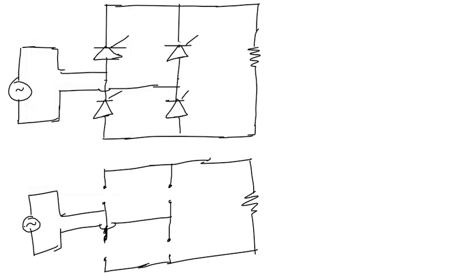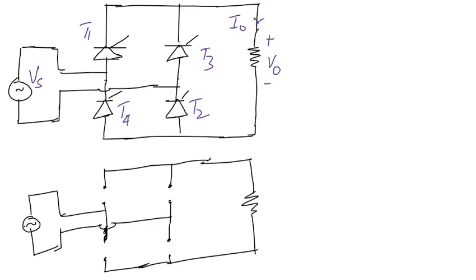Here we assume this is the polarity of my output voltage V naught, and the direction of current is I naught. I am not going to change the polarity. This is T1, this is T2, this is T3, and this is T4. This is my supply Vs. We will check how the operation works.